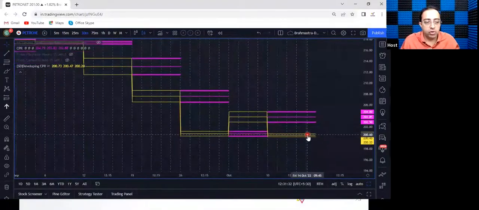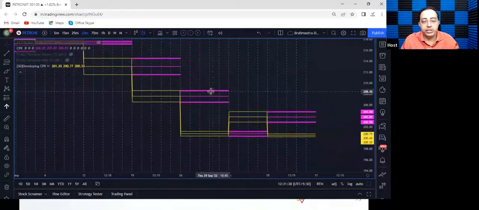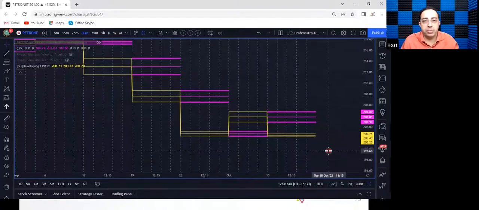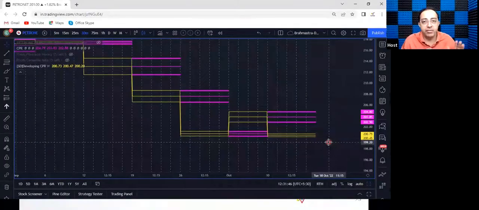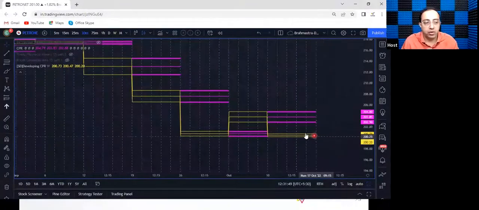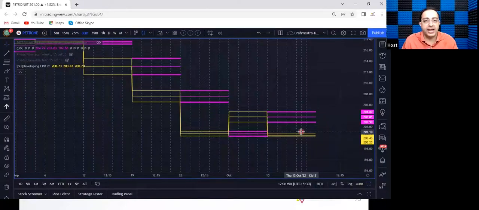So you will compare the yellow with all the purple ones. So 7 means including this week. So the last 7 trading sessions or last 7 trading weeks will be compared. So yellow will be compared with the last 7 trading weeks. All right. So this is as far as the CPR is concerned.